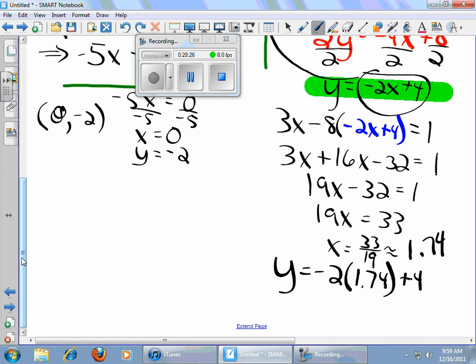I'll crunch that on my calculator real quick. -2 times 1.74 plus 4, and then y is going to equal 0.52. So my solution for the second problem is going to be as follows.